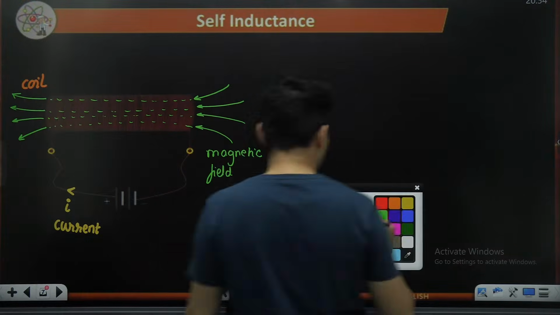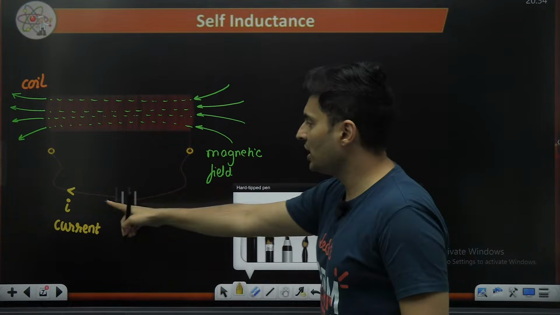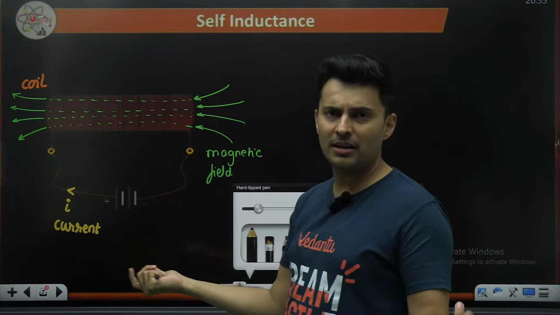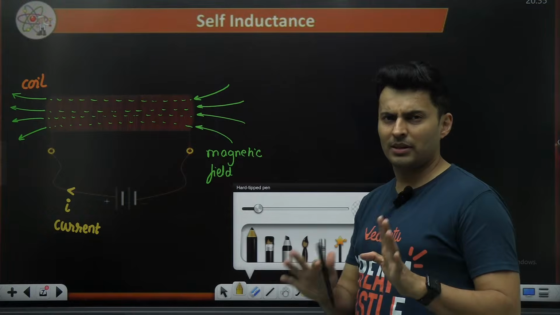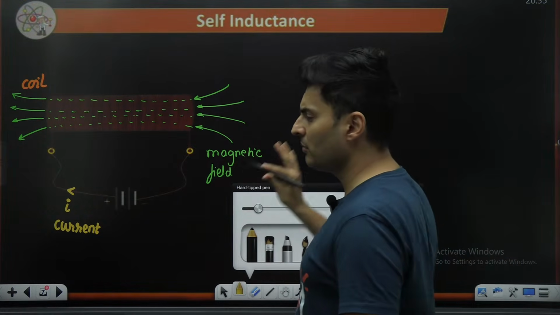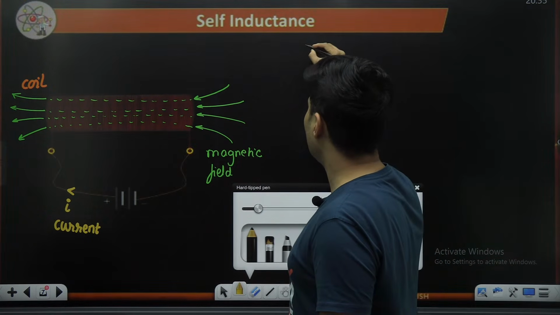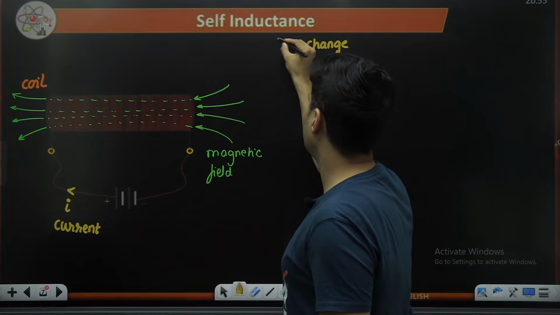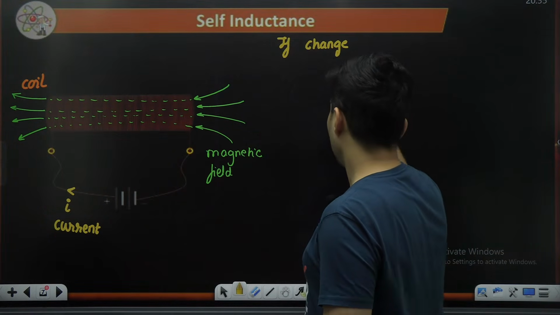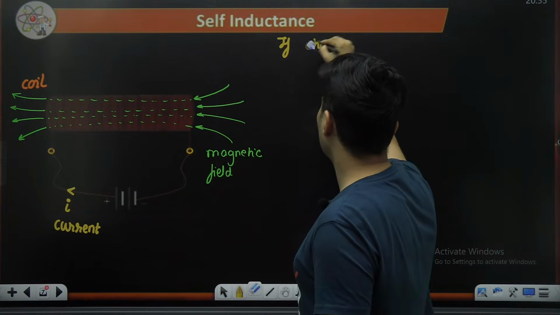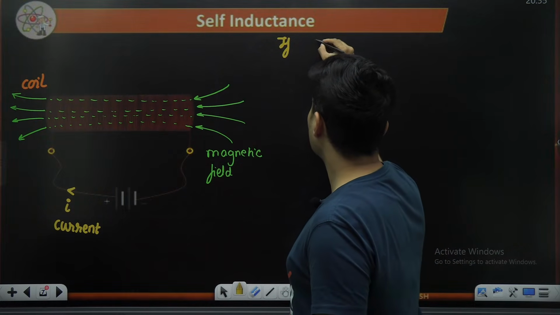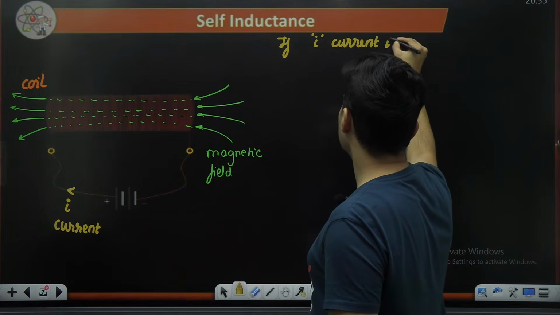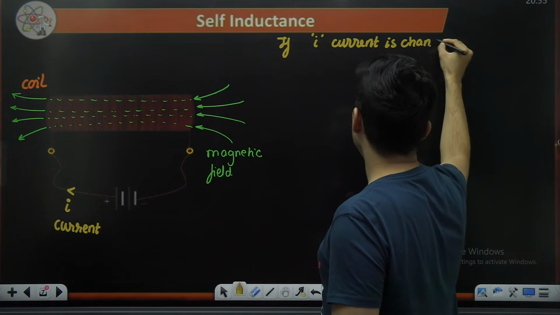Now imagine somebody decides to change the current. How can you change the current? Many ways are there. You can change the resistance, you can replace the battery, whatever. You can do so many things for changing the current. So if the current is changed, what will it directly affect?